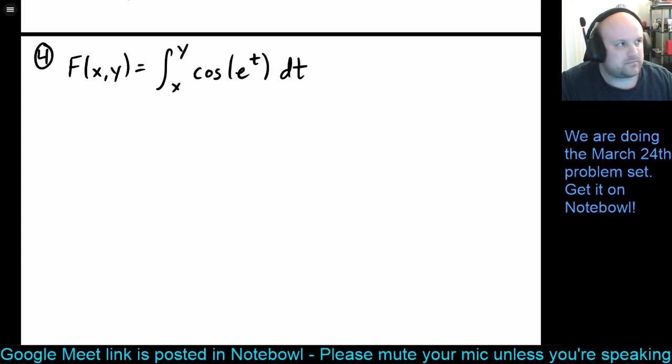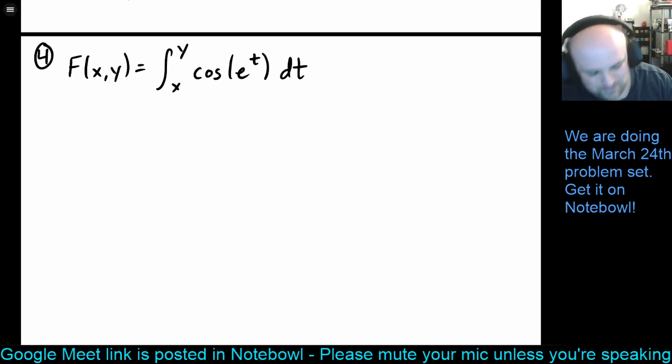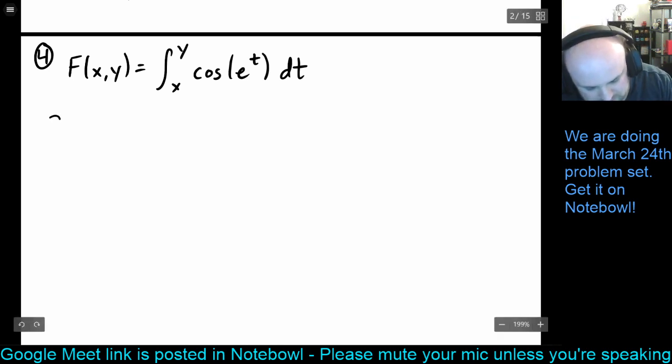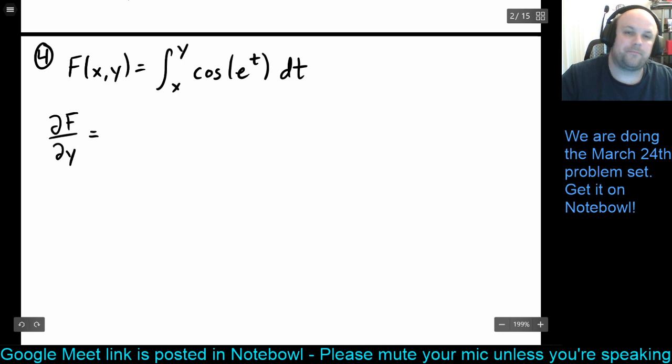Right. So when we differentiate this it just comes down to the fundamental theorem of calculus. If you remember how to do this, right? So when I want to do df, let's start with df dy. This is actually the easier one here.